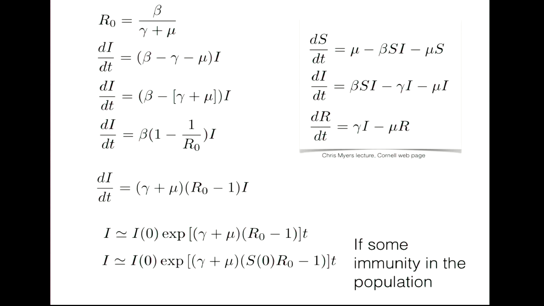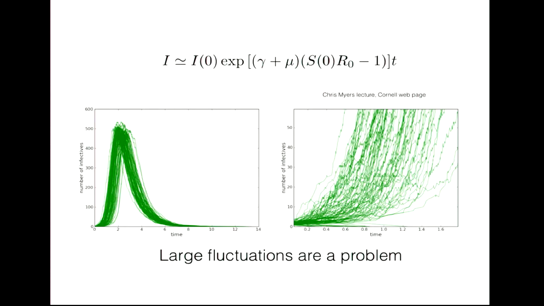This says that I is the initial value of I, I at t equal to 0, times an exponential of this particular term here. Then I can ask, can I fit this particular relation? The quantity here is S0 times R naught, technically speaking, because that reflects the initial number within that population.